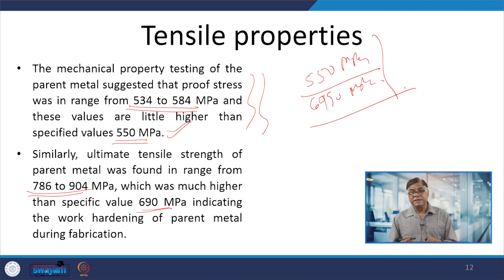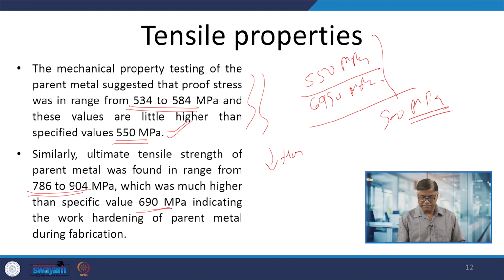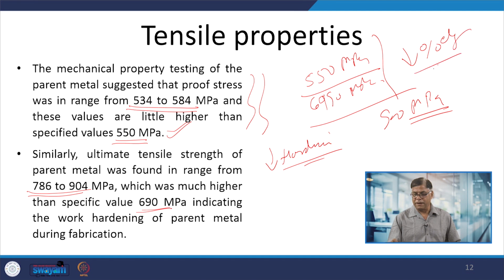But if the steel is showing too much ultimate strength, maybe yield strength also, then it means the steel is getting hardened. Too high strength is also not good, especially from the deformation point of view and the impact resistance point of view, because whenever it happens, a loss of percentage elongation and toughness is observed.